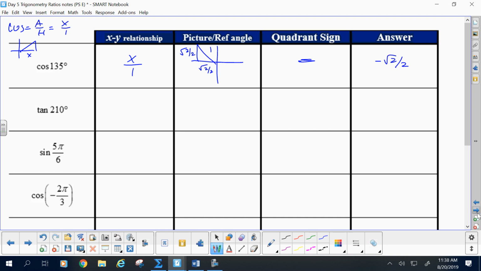210 degrees, or tangent of 210 degrees. Tangent is TOA: opposite over adjacent. In a triangle, the opposite is always the y side and the adjacent side is the x side. So in terms of xy relationship, tangent is always the y, the opposite side, over the adjacent side.